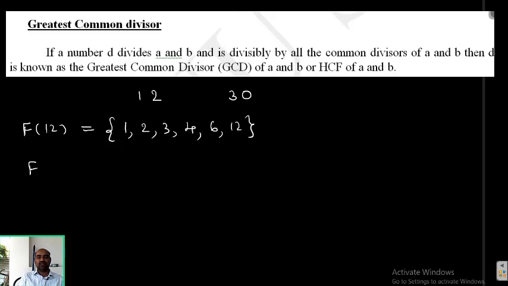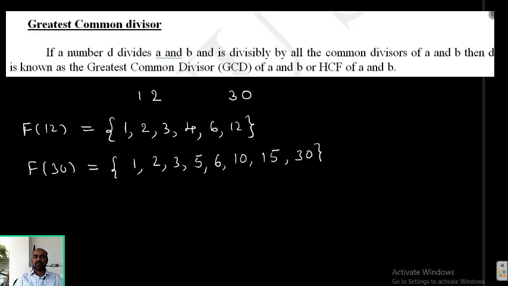Next, factors of 30. 1 is a factor of 30, 2 is a factor, 3 is a factor, 4 is not a factor of 30, 5 is a factor, 6 is a factor, 7 won't be, 8, 9, 10 is a factor of 30, 12, 13, no, 15 is a factor of 30. After that, if you want to find the factors of an even number, after half of it the next factor is the number itself, that is 30.